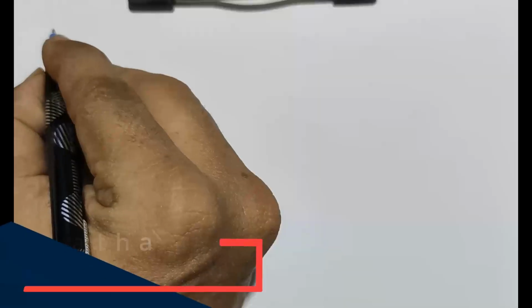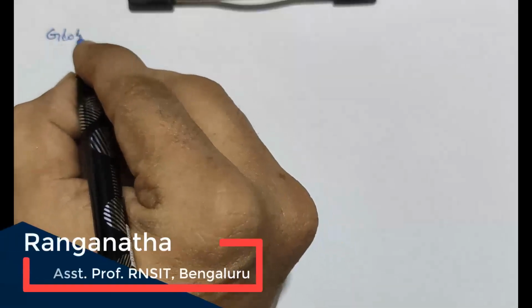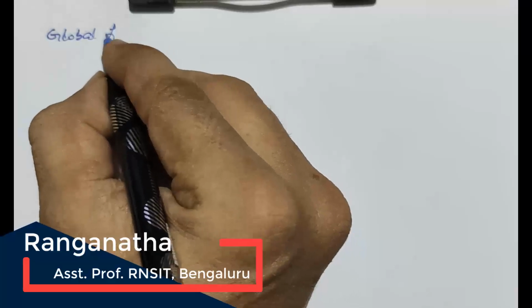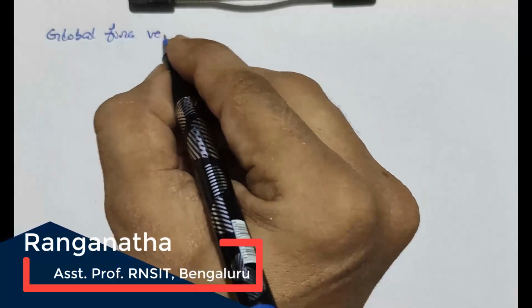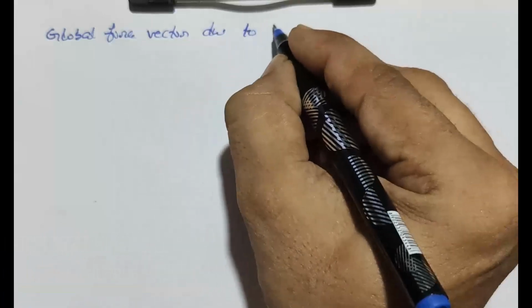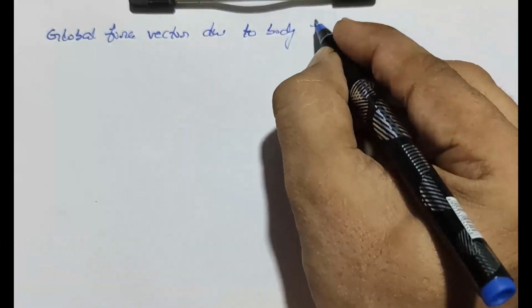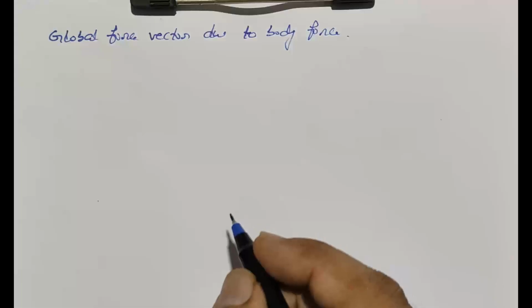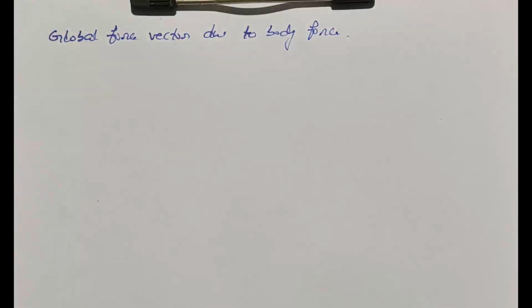Next is global force vector due to body force. See, we have calculated elemental force vector due to body force for element number 1 and element number 2.